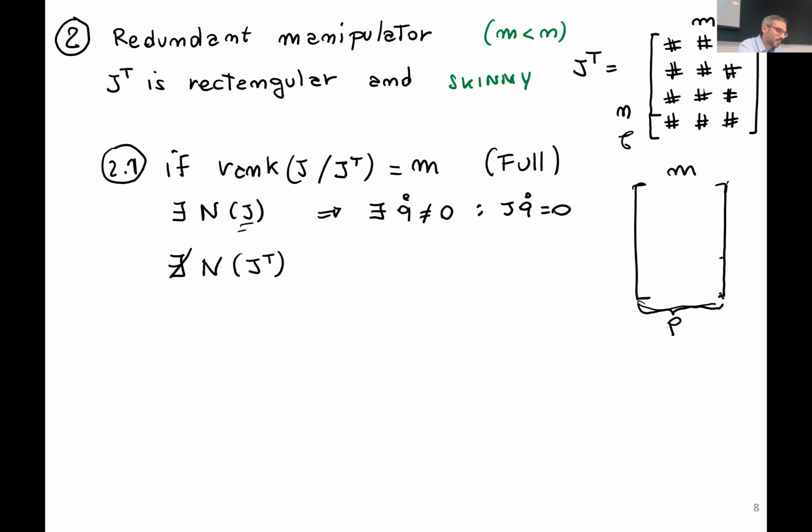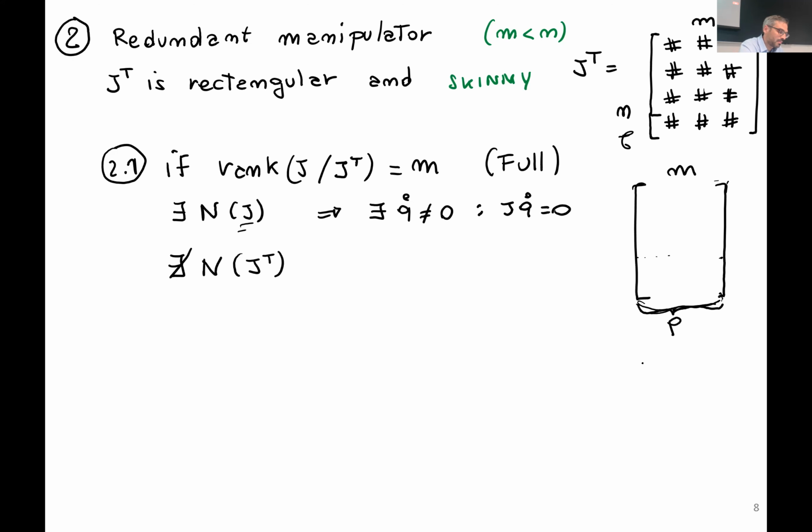Okay. So in the case of a full rank, the null space could happen only in this set, not in this set.